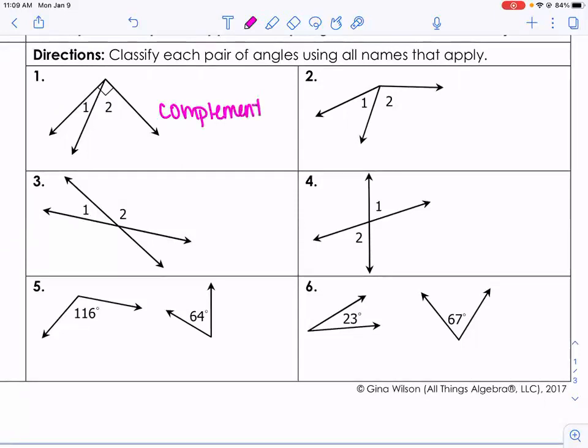Why are they complementary? This little box means we have those two angles equaling 90 degrees. There is one other description we can add to these. These two angles are adjacent. They are next to each other. They share a side.